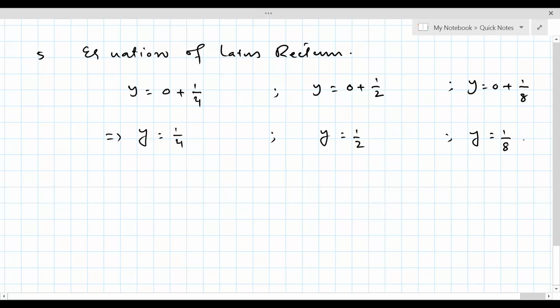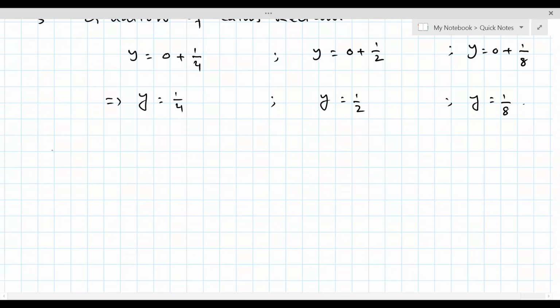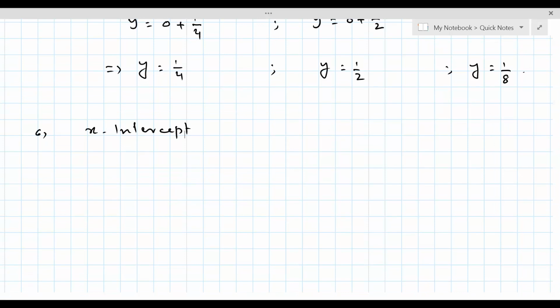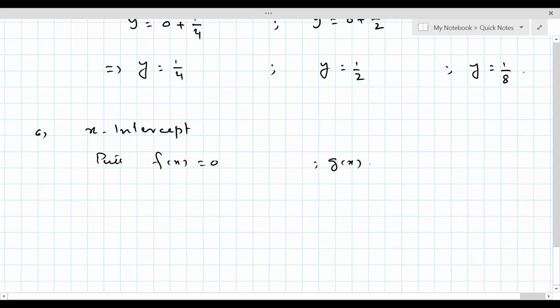And now the sixth, what we need to discuss is the x-intercepts. Just like before, put f of x equal to 0, g of x equal to 0, and h of x equal to 0.